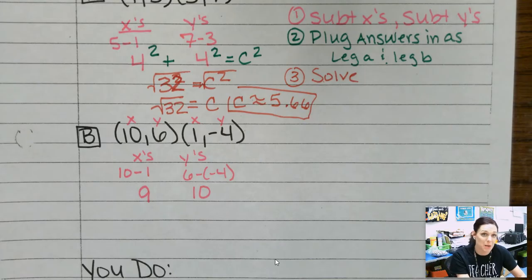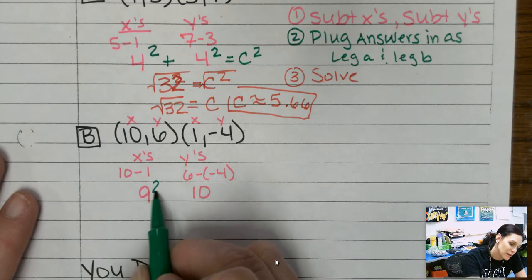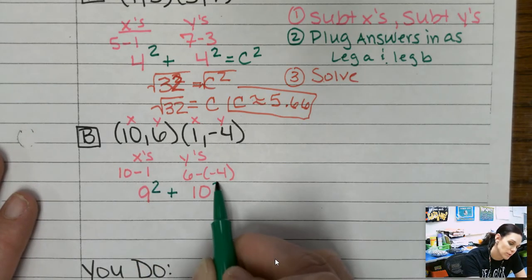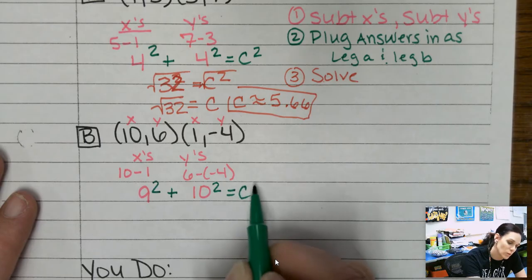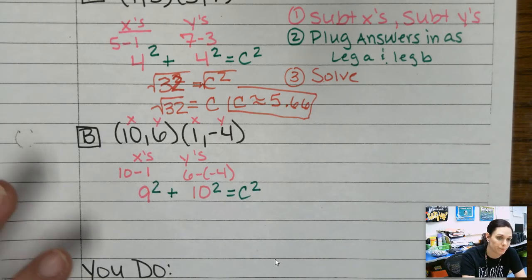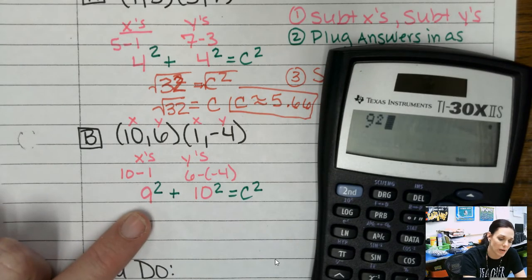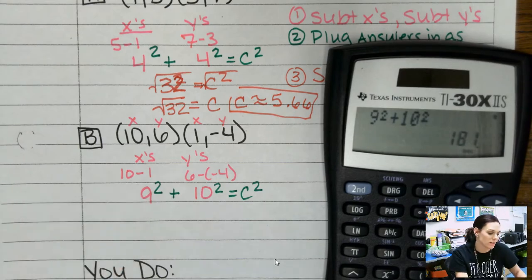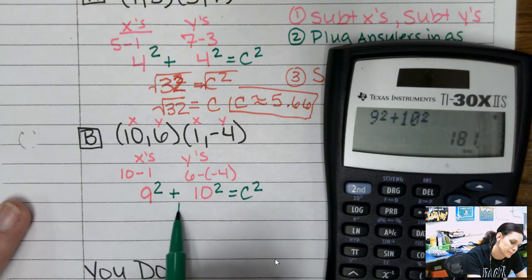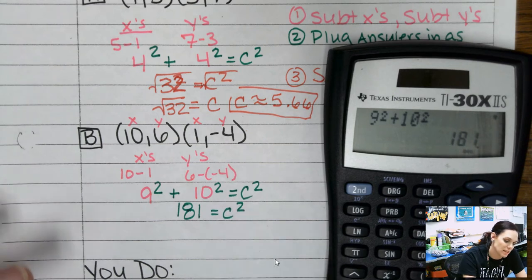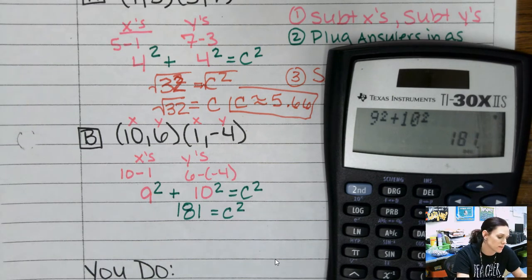Subtract my x's, subtract my y's. Now those become my legs. A squared plus b squared equals c squared. And now I'm going to solve. 9 squared plus 10 squared makes 181. I take the square root of both sides.